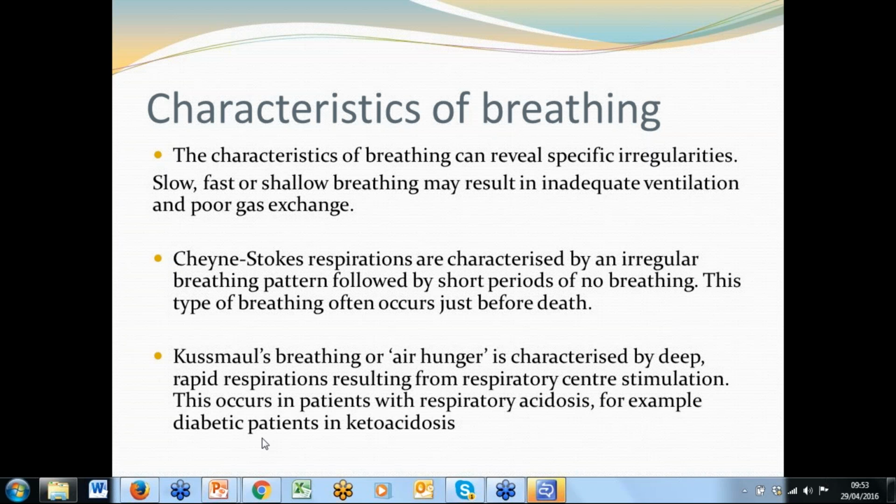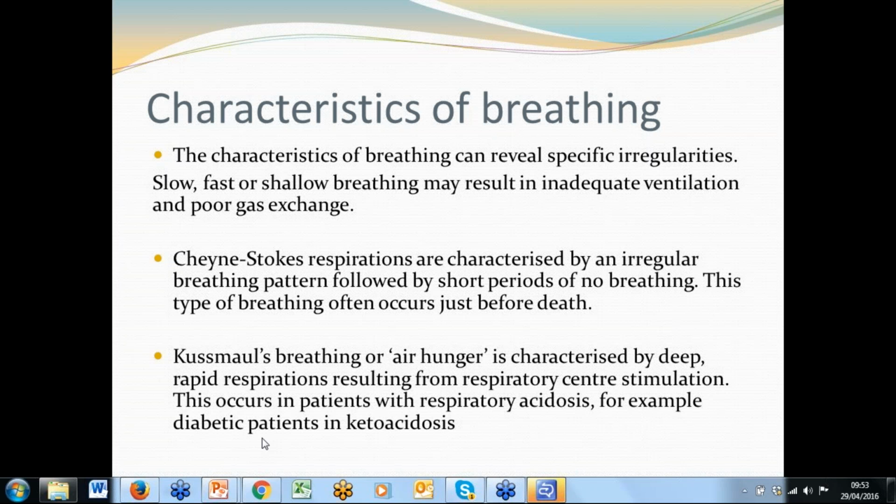Kussmaul's breathing, again, air hunger, deep rapid respirations, respiratory centres trying to compensate, trying to equalise the oxygen and CO2 level in the blood. And what happens is in respiratory acidosis, where acid builds up in the bloodstream, you get very, very rapid respiration. The reason why the body is doing that is to get rid of the CO2.